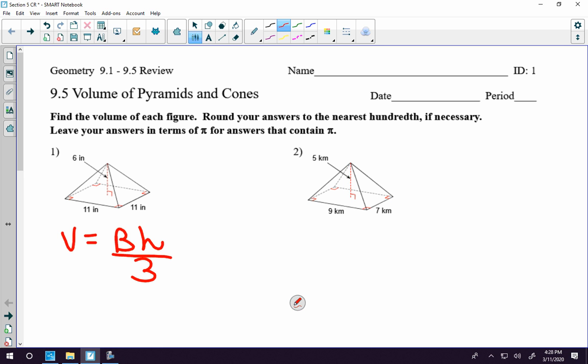The reason why we're dividing by 3 is because if I tried to draw a prism, it may not look great, by the way, but play along. If I tried to draw a square prism there and ask you the question, hopefully you could see in that prism that there's a lot of empty space.